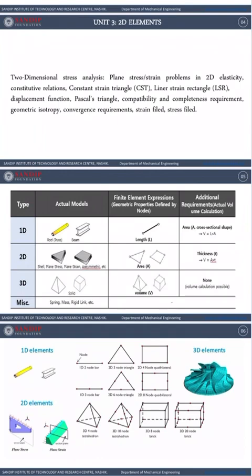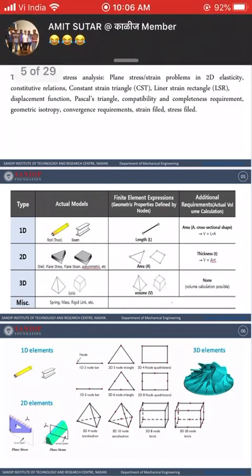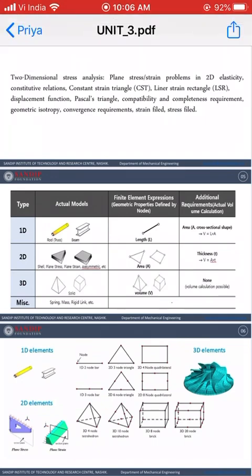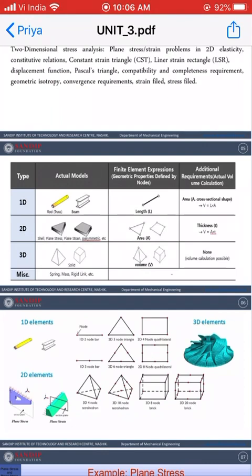And in a three-dimensional problem, we can measure three dimensions of that element. So three dimensions are comparable or measurable. This is the main difference between one-dimensional, two-dimensional and three-dimensional elements.